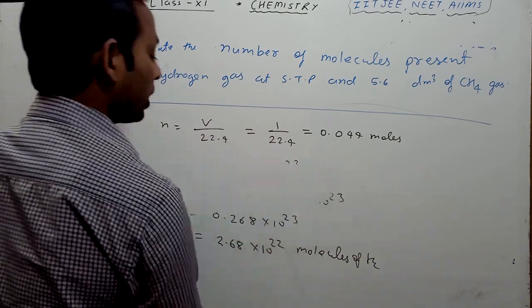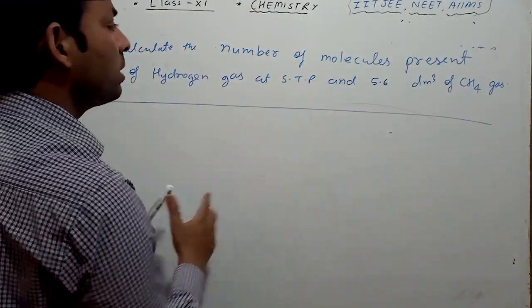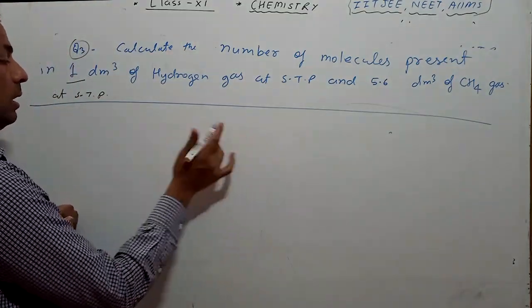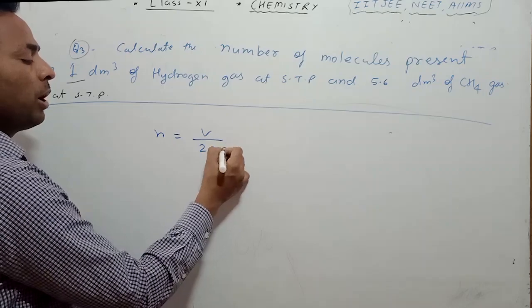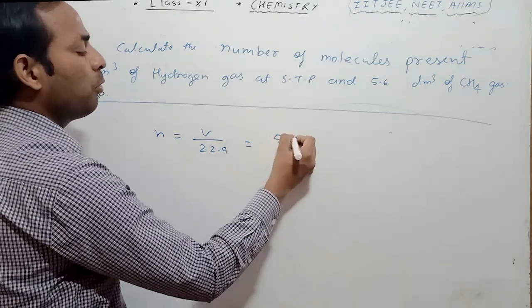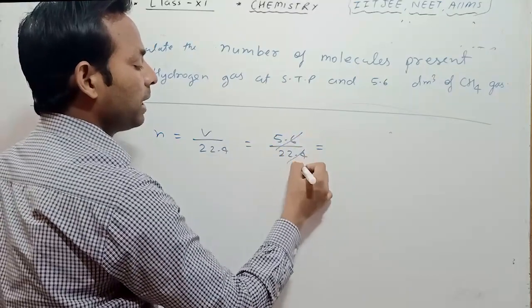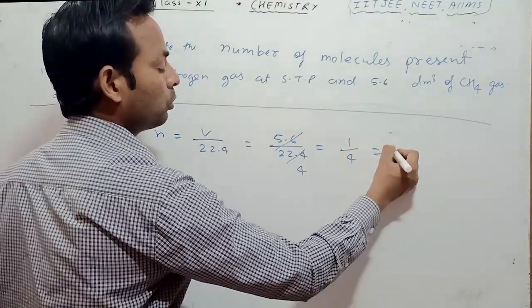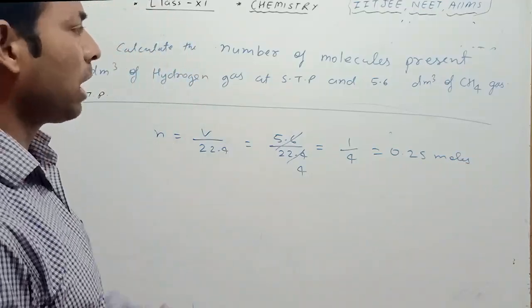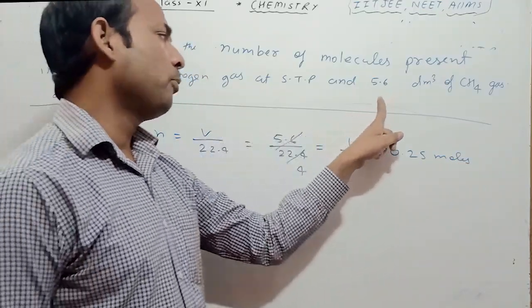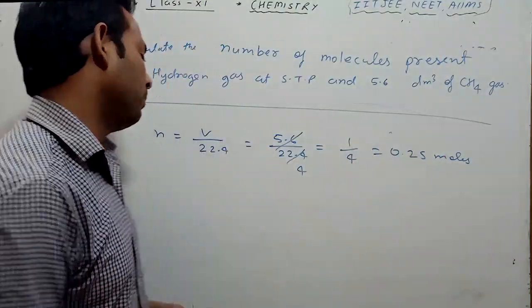Okay. Now the second question is given: 5.6 decimeter cube of methane gas. So look here, n equals V by 22.4. V given is 5.6 over 22.4. This value will be cancelled 4 times, 1 upon 4, so 0.25 moles. The total number of moles of methane in 5.6 decimeter cube volume equals 0.25 mole.